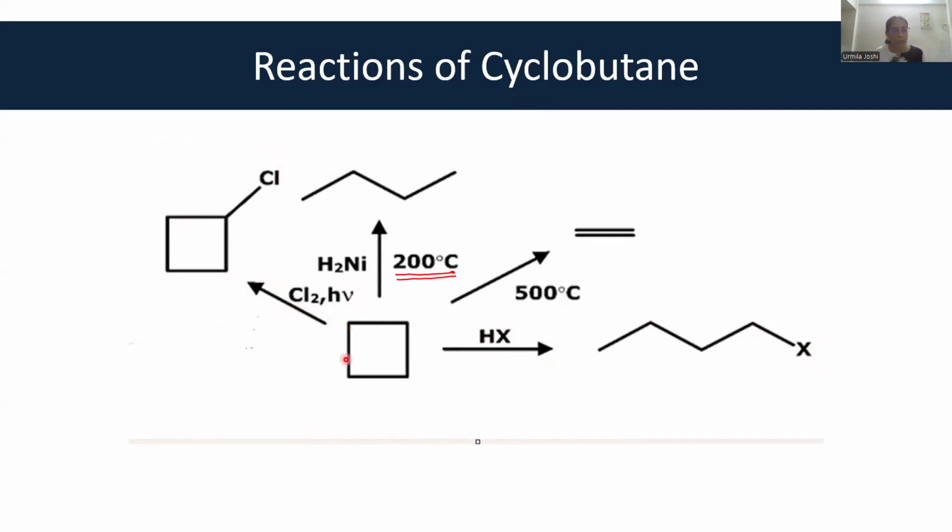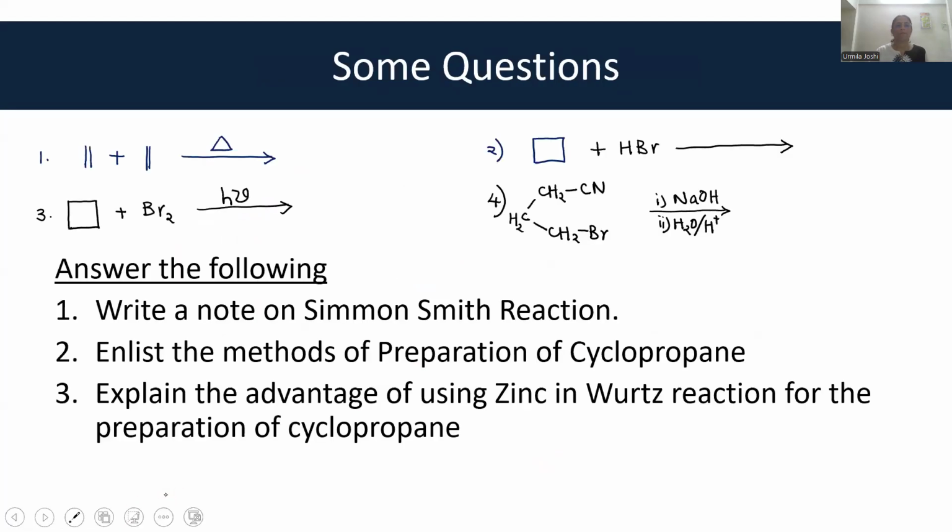And so when you treat cyclobutane with chlorine in presence of light, chlorocyclobutane is formed. All the reactions are just same as cyclopropane. The only difference to be noted is cyclopropane opens up much more easily than cyclobutane, again because the strain in cyclopropane is more.